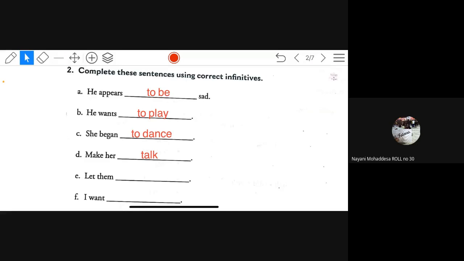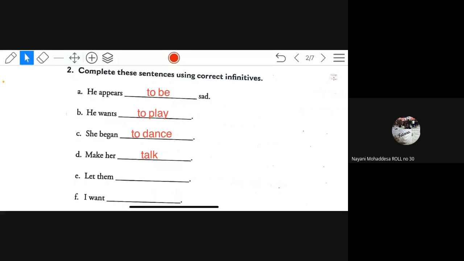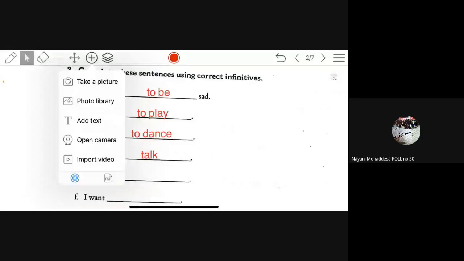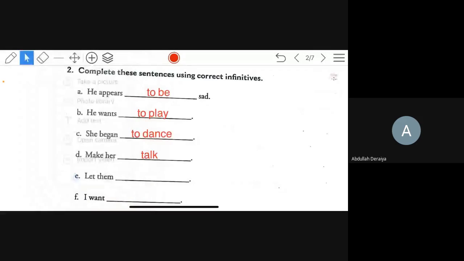Let them go their work. Let them play. Let them write. Let them start.